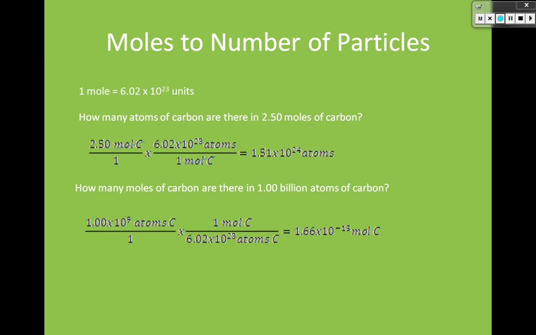This time we put the atoms on the bottom because, again, we want those to cross-cancel, so we can cancel this atoms with that atoms. And that gives us 1.66 times 10 to the negative 15th moles of carbon. So in that way, you can go between moles and number of particles in either direction, as long as you have your conversion factor. 1 mole is 6.02 times 10 to the 23rd.